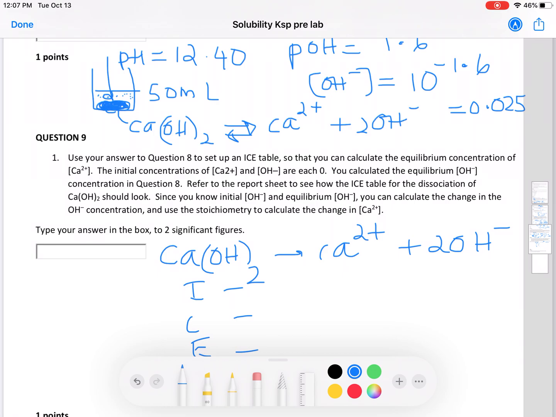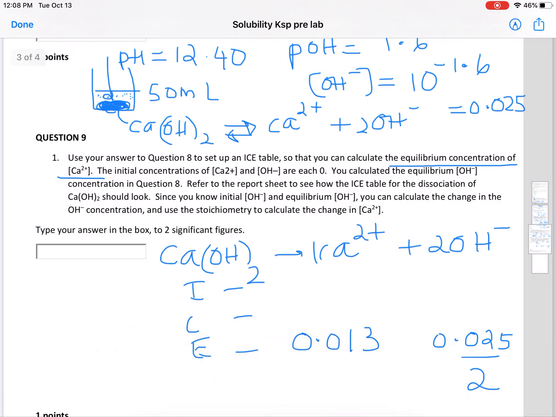And then for the hydroxide, we know the equilibrium concentration is 0.025. Now it's asking for the equilibrium concentration of calcium ion. The molar ratio is 1 to 2. If the equilibrium concentration of hydroxide ions is 0.025, then the calcium would be, when you divide it by 2, 0.013. That is the equilibrium concentration.